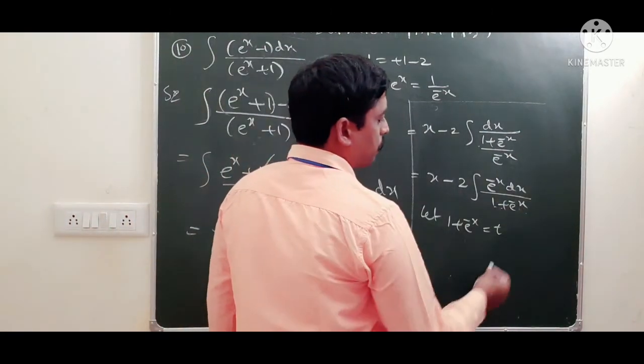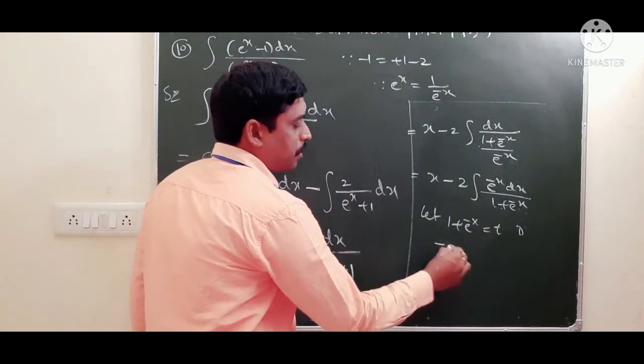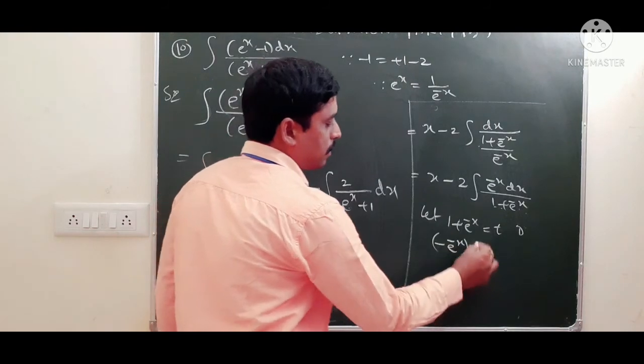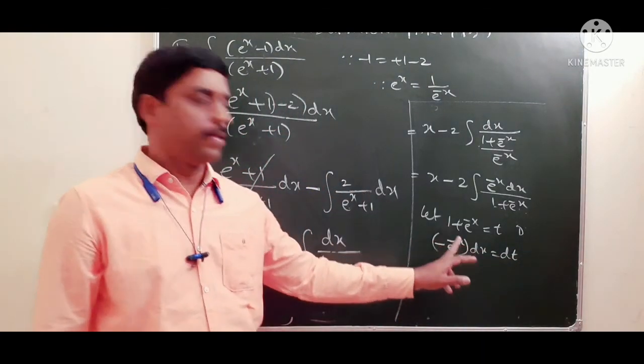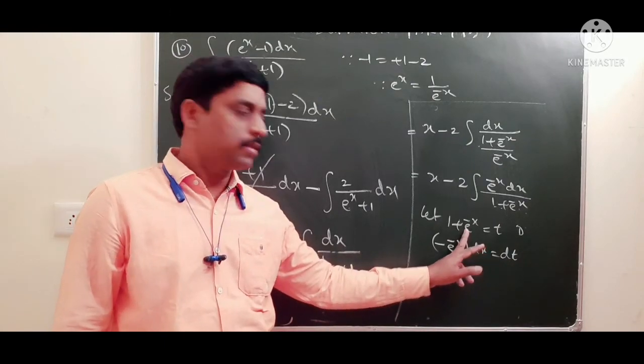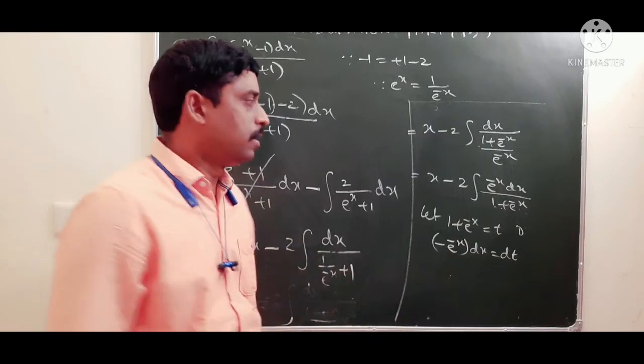Now derivative on both sides. So derivative of e to the power minus x is minus e to the power minus x dx, which is equal to dt. The derivative of 1 is 0. Derivative of e to the power minus x is e to the power minus x, but the minus x derivative is into minus 1.